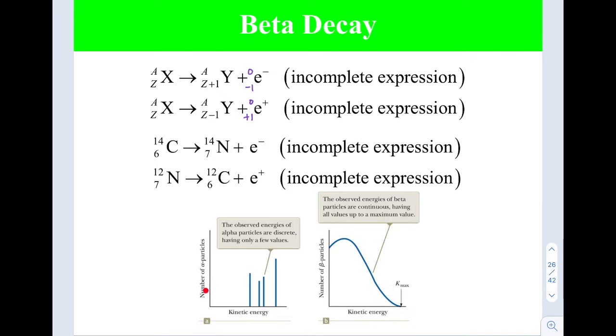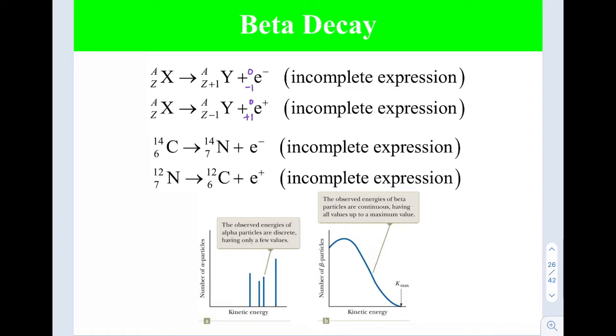So here are the graphs of the number of alpha particles versus kinetic energy, and the number of beta particles versus kinetic energy. For the alpha particle, it is observed that the energies are discrete, meaning a certain amount only, a few values only. But in contrast, the observed energy for beta particles is continuous, having all values up to a maximum here.